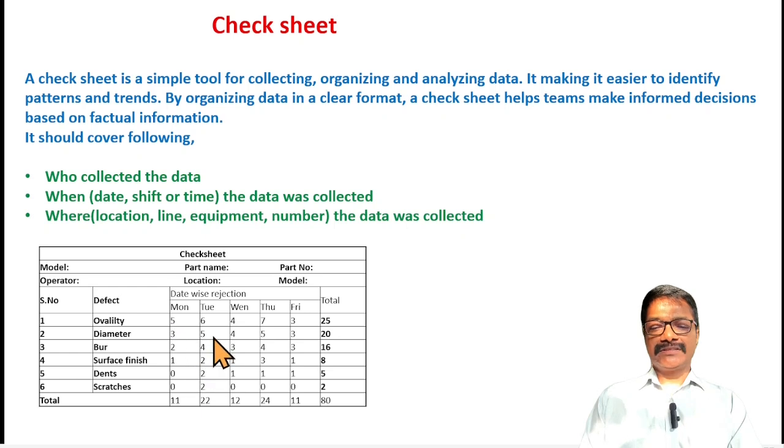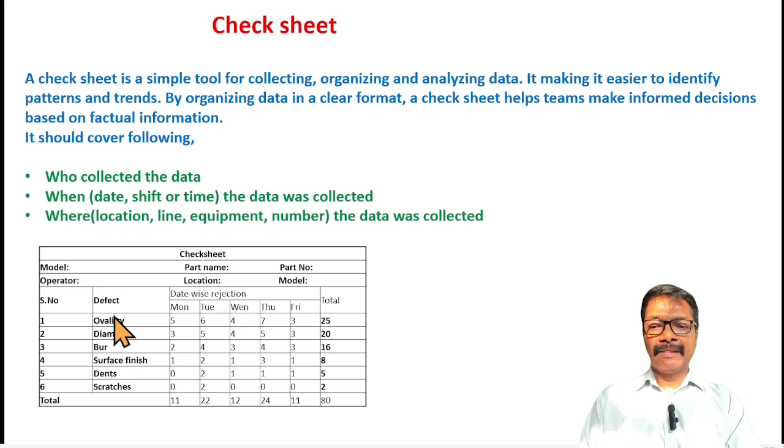Now this is an example of the check sheet. You arrange it as per your convenience. It is not needed to have a fixed format. The format can be decided as per the user's convenience so that the data can be reflected and analyzed easily. In this example, you can see the model, part number, part name, operation, operator, then location, then serial number, what are the defects, and date-wise rejection from Monday to Friday, and what is the total.